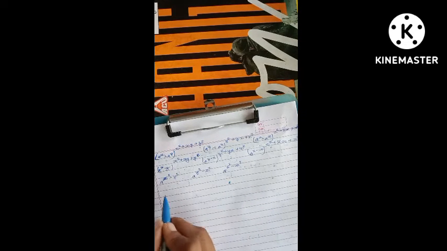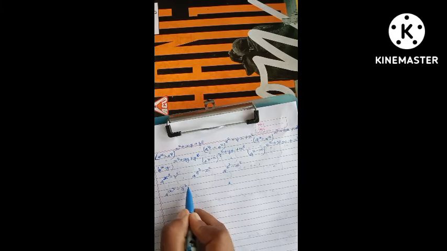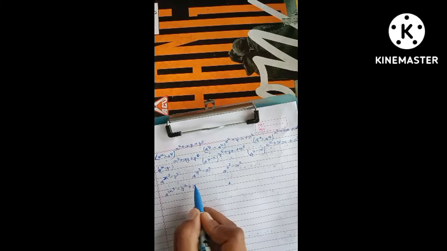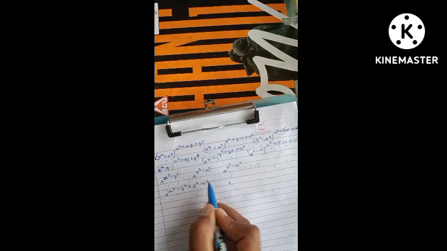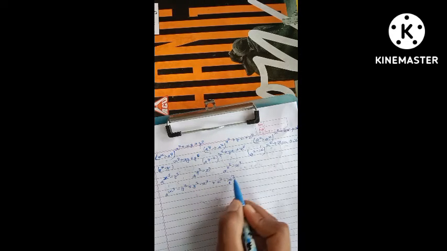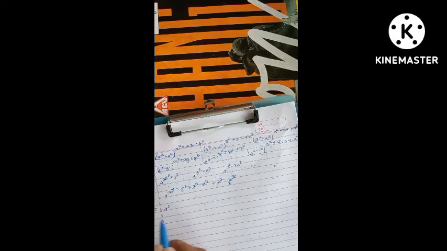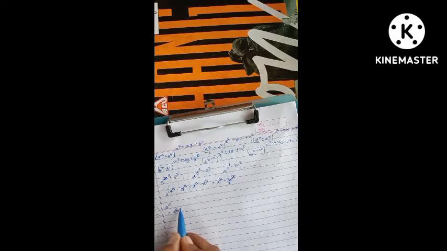Again we can write x cube minus y cube plus y cube minus z cube plus z cube minus x cube. It will cancel each other, which is equal to a to the power 0, which is equal to 1.